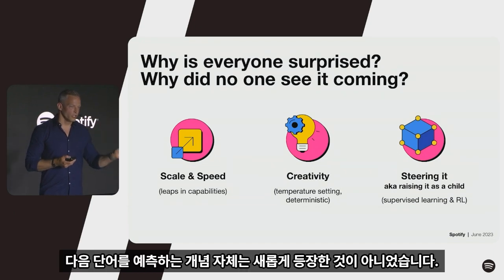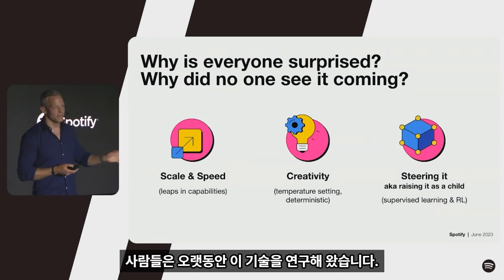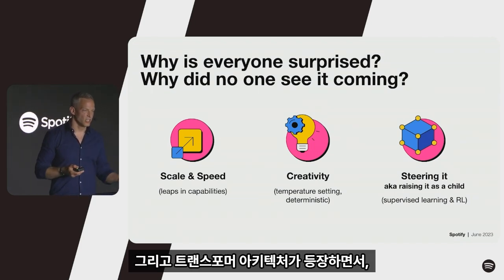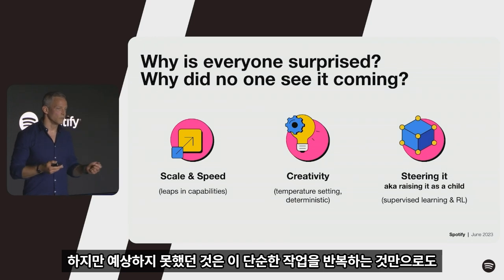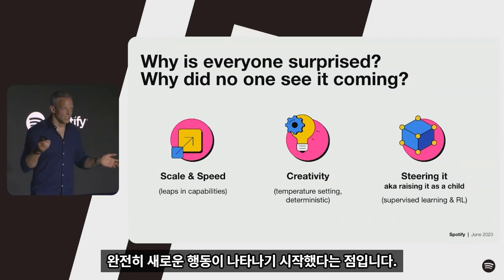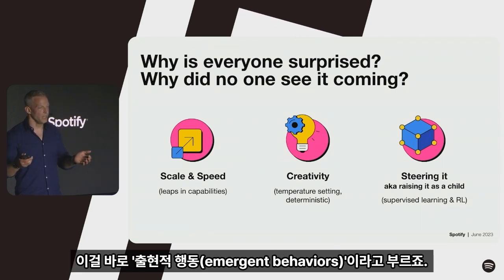The notion of guessing the next word was not something that was recently invented. People have been trying to do this for a long time. And when the transformer architecture came along, it became easier to do it at scale. But what wasn't obvious was that just doing this simple thing much more would start giving completely new behaviors, what is called emergent behaviors.